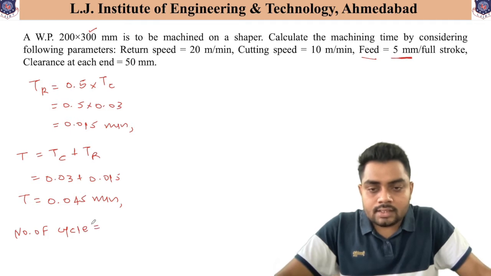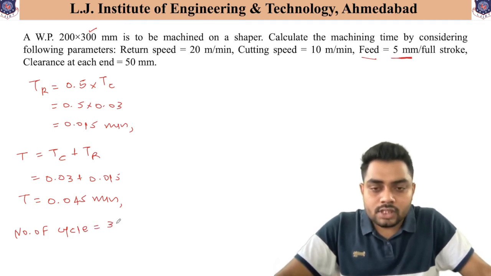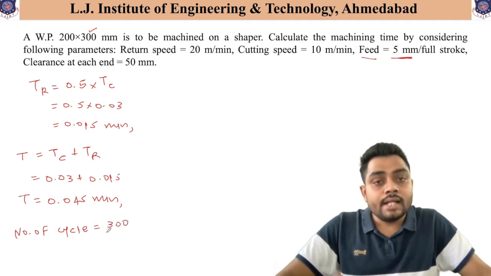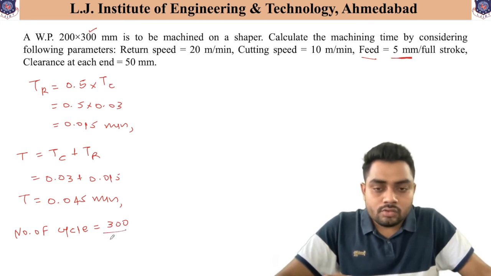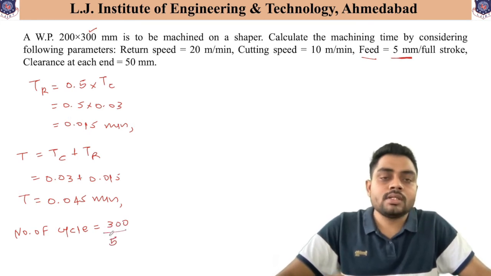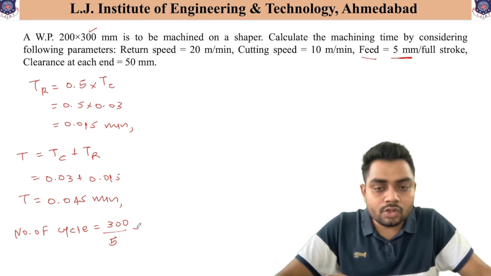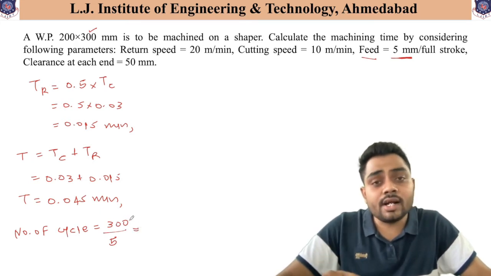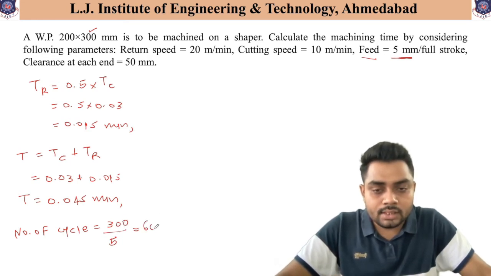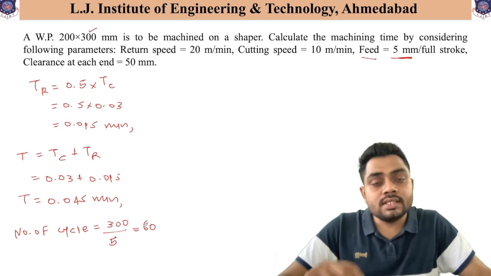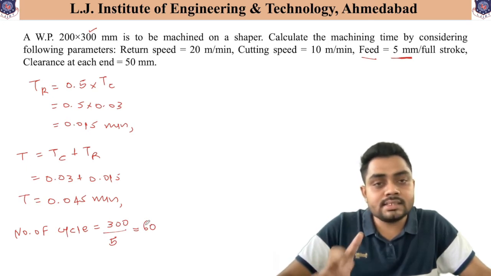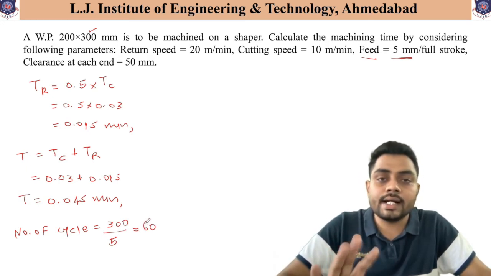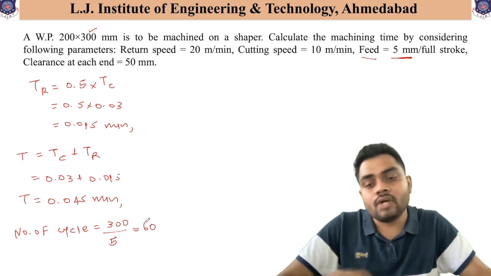We need to machine 300, and per stroke we are machining 5 mm. So the total number of cycles required to perform the complete operation is 300 divided by 5, that is nothing but 60. So 60 cycles are required, meaning 60 double strokes are required to machine the entire workpiece.